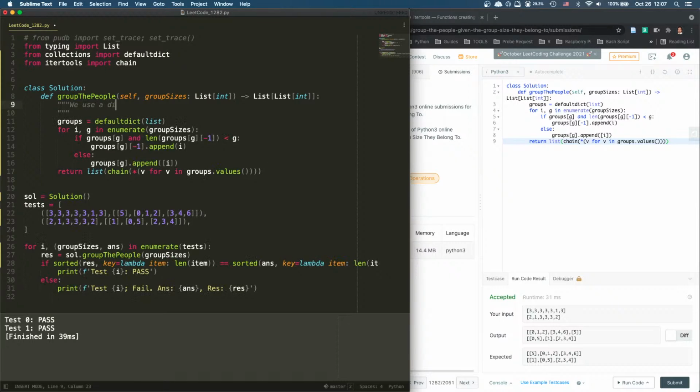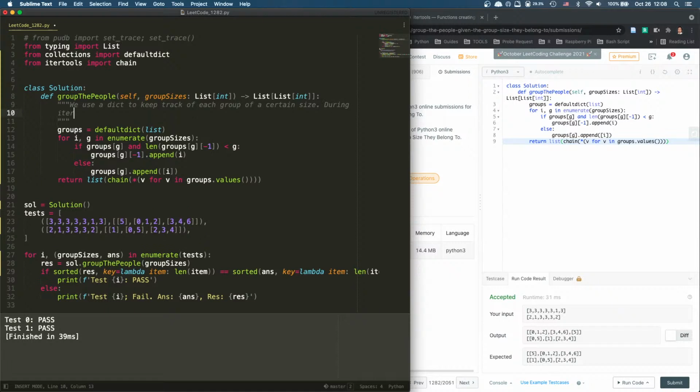We use a dict to keep track of each group of a certain size, right?